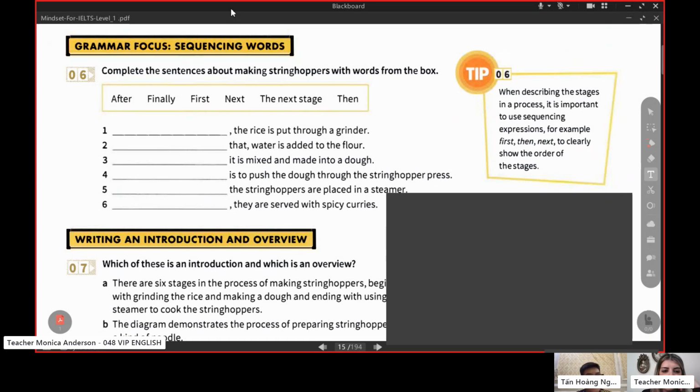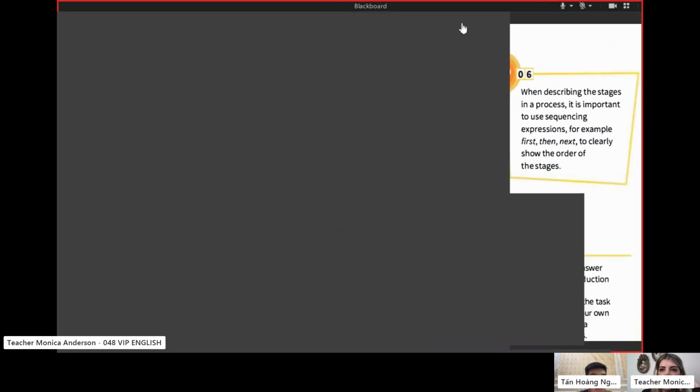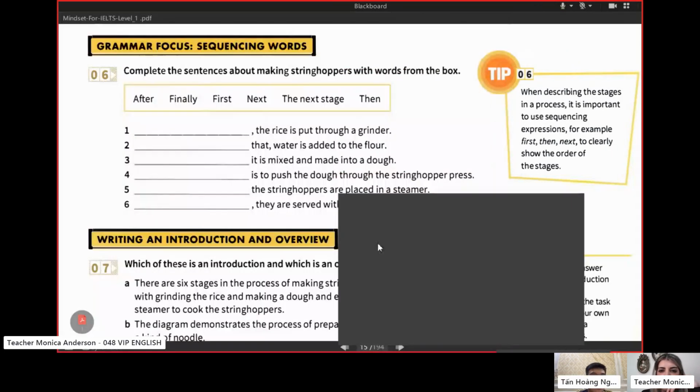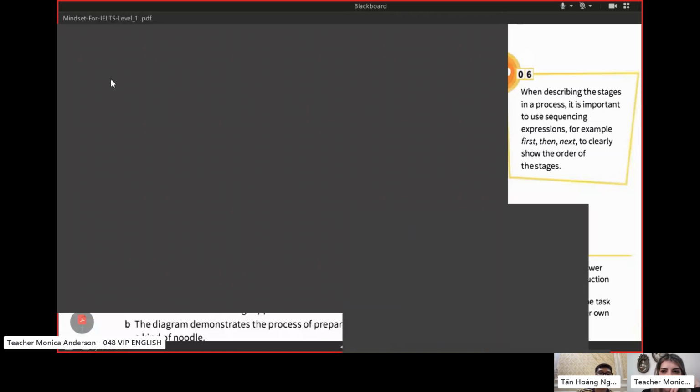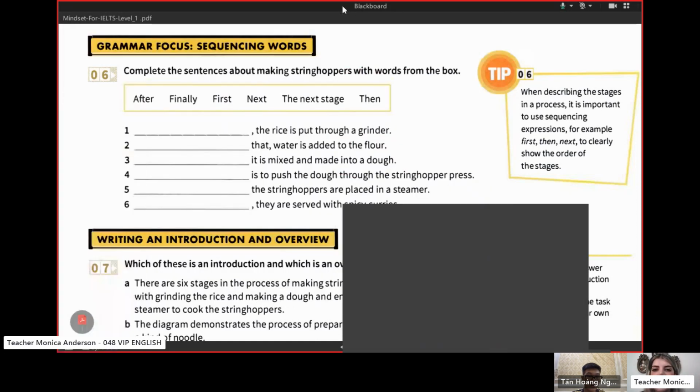I think the first one is just here. Oh, now it's a black screen. Okay, it's okay. It's because of your picture. When I put your picture here, you can see this. Let me do something.